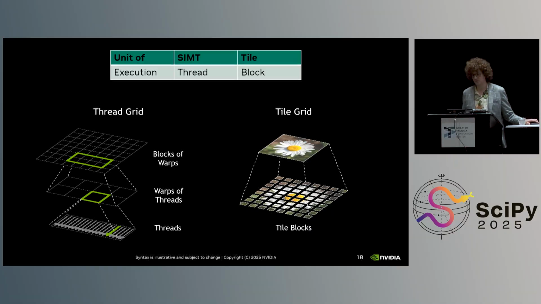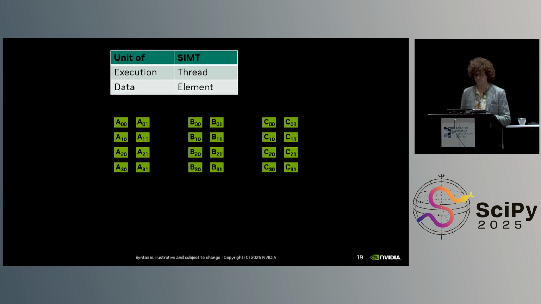In cuTile, the unit of execution is a block. A block is a group of threads or execution resources that has a single thread of control. You write tile kernels that are executed by many blocks at once, but each block only executes the kernel once on that control thread. In SIMT, the unit of data is individual elements.